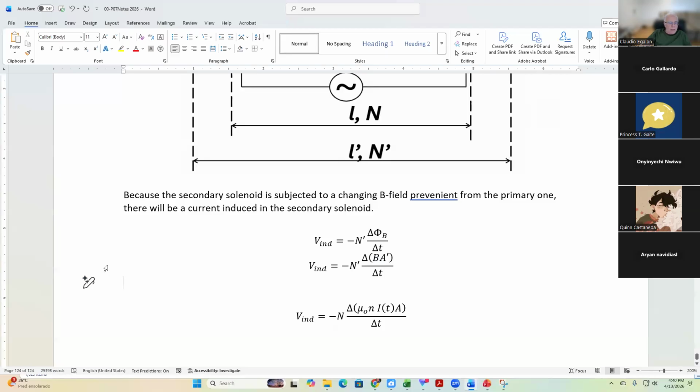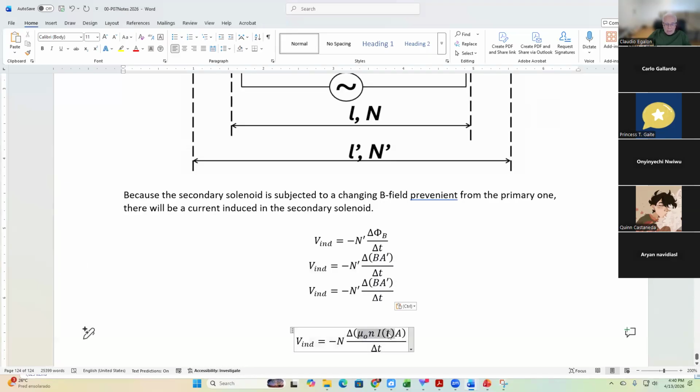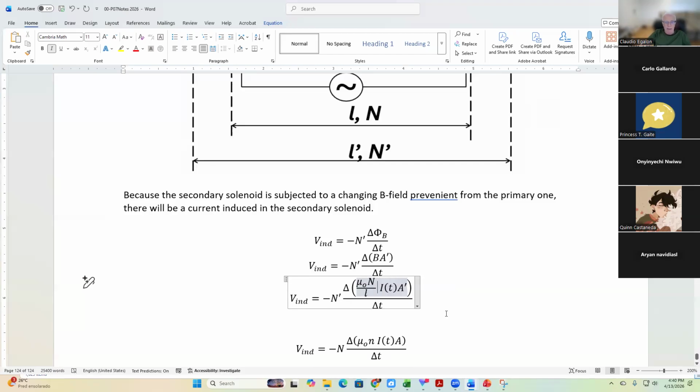But because we are talking about a solenoid, the magnetic field of the solenoid is going to be given by this relationship that you see right here, where n, lowercase n, is the number of turns of the primary solenoid divided by the length of the primary solenoid, like that.